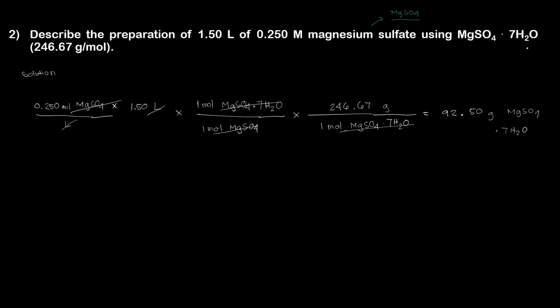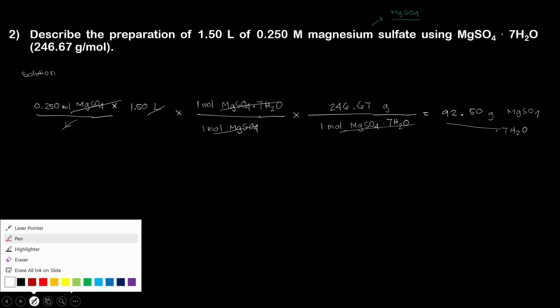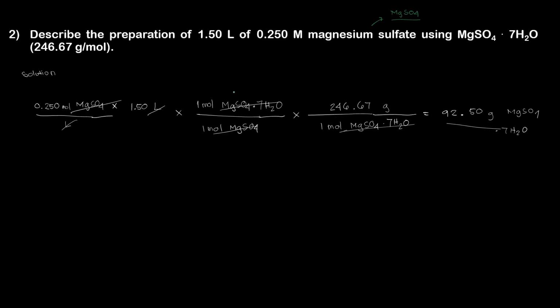This is the proper way: you should use the molar mass of the hydrated salt form, not the magnesium sulfate only. You should note that, because sometimes when the molar mass is not given, you may use magnesium sulfate rather than the magnesium sulfate heptahydrate.